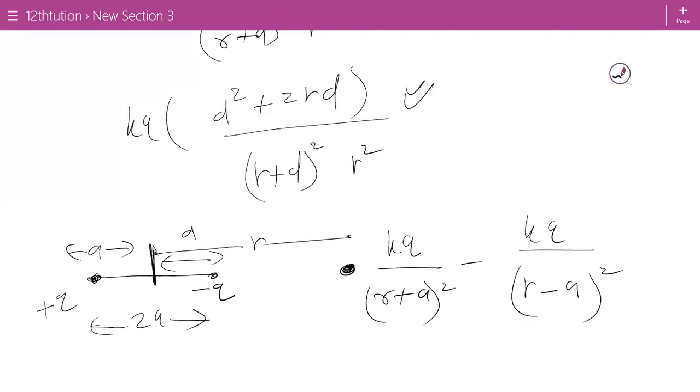Now calculate and tell me, this is a simple calculation, what will be the answer? All of you calculate. I will ask individually what you got.